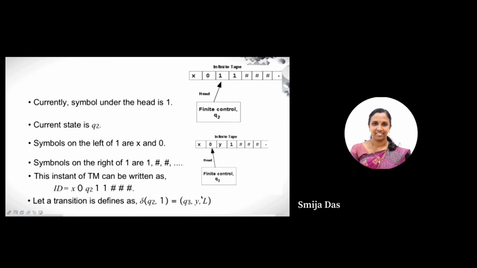That is, now the finite control is in the state Q3 and the previous symbol is replaced with Y, and the read-write head is moved to left. That is, now the symbol under the read-write head is 0. In this way we can represent the instantaneous descriptions.